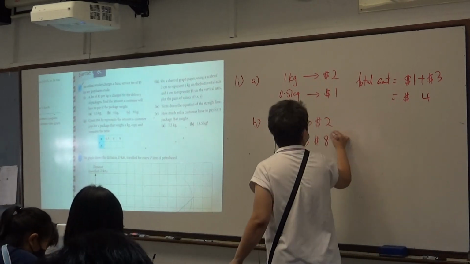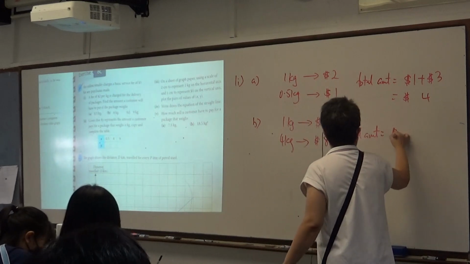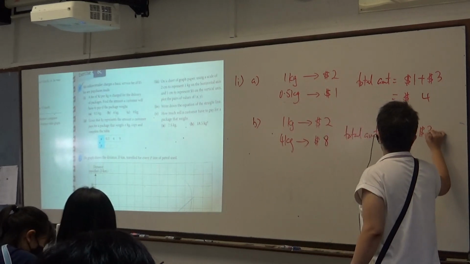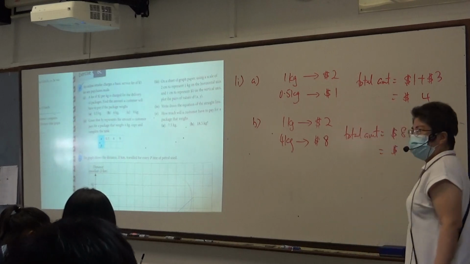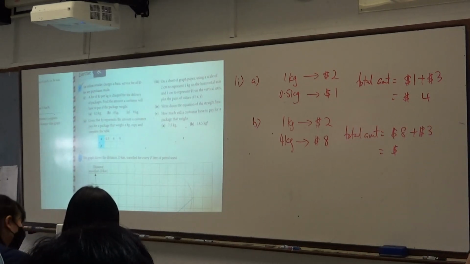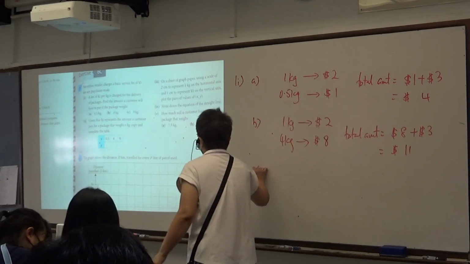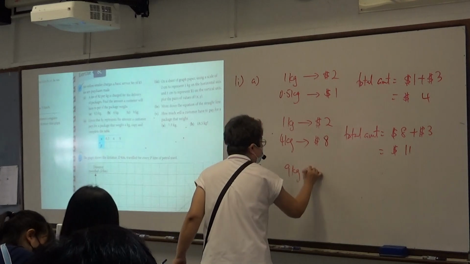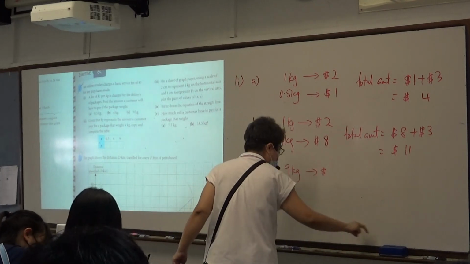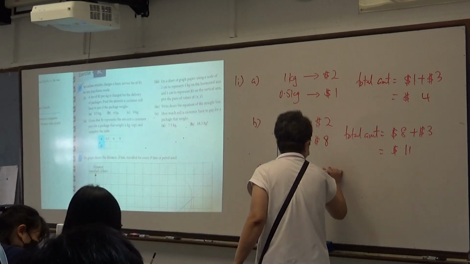So, total amount must be 8 plus what? 3, which will be what? Which will be 11. Very good. 9 kilogram. Okay, I better write something first. 1 kilogram, $2.